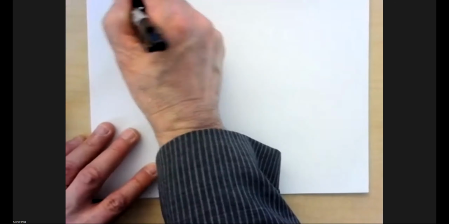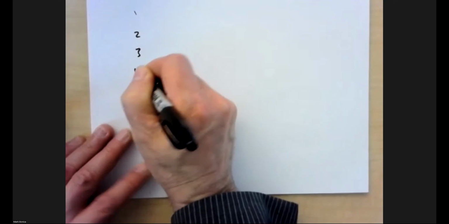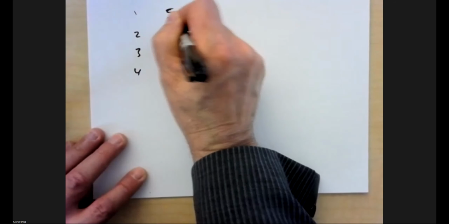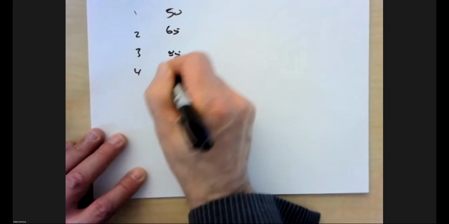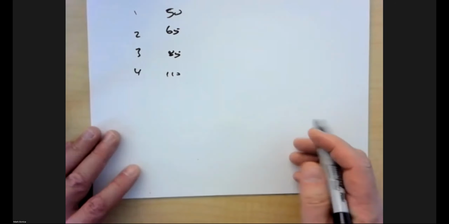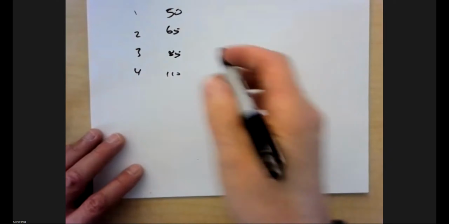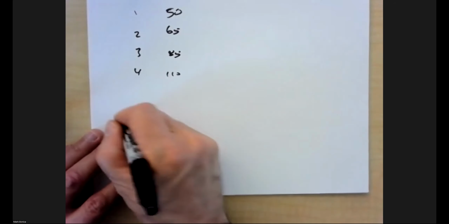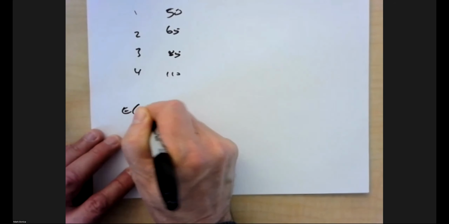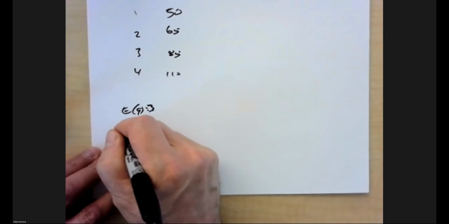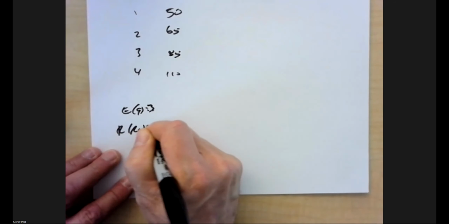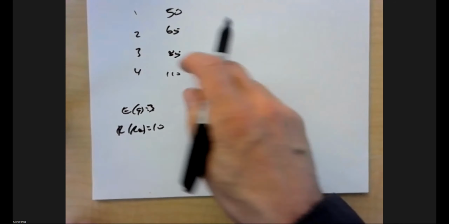Another way you could have done that same problem is you could have said, all right, I've got 1, 2, 3, 4 at 50, 65, 85, 110, and I know the growth rate is 3. This is the exact same problem, just copying it over. The required rate of return is 10. What I could have said was, well, I know at the end of year 4, this 110 is going to grow into my terminal value.